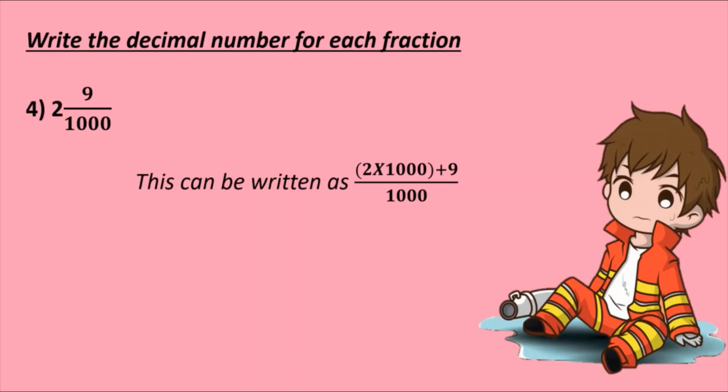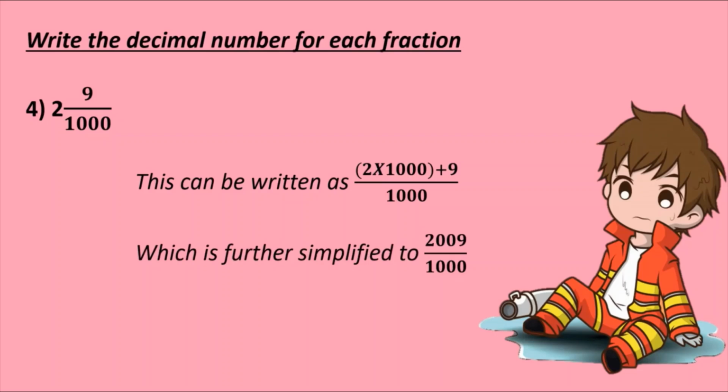So we need to convert it into an improper fraction. So we multiply 2 by 1000 and add 9 and write it as 2009 by 1000. So here the decimal number will be 2.009.